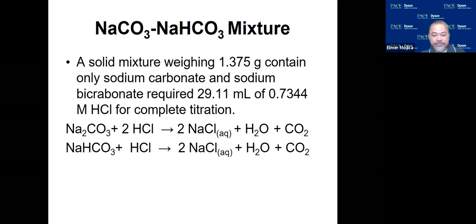It says here a solid mixture weighing 1.375 grams contains only sodium bicarbonate and sodium carbonate, and required 29.11 mL of 0.7344 molar HCl for complete titration. These are the reactions that we have. This is similar to your experiment 6. This is the reaction that happened here.